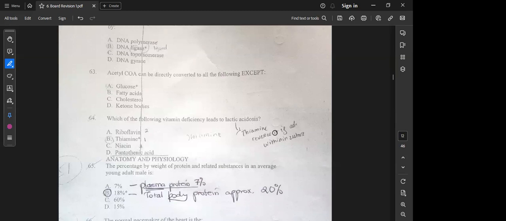The 60%, is it the water content or what was it? There was another question asking about that. Water, yeah, it's water. And I'm also seeing some leakage here. They're saying plasma protein is 7%. Maybe we verify that.